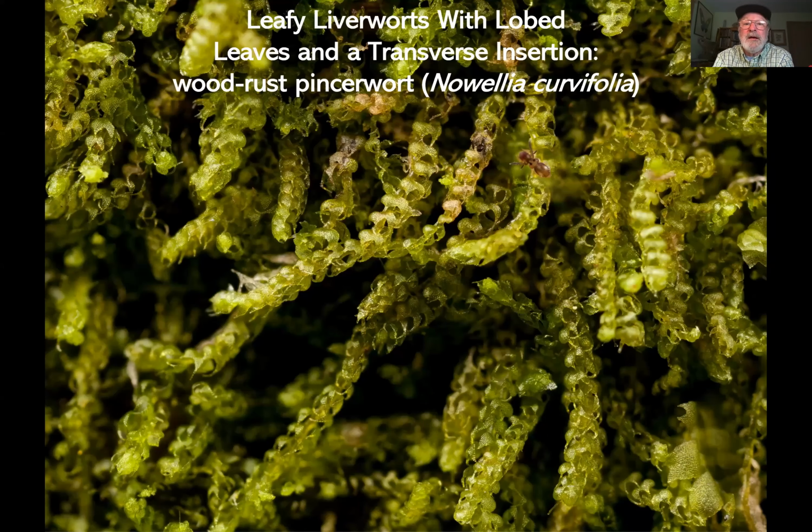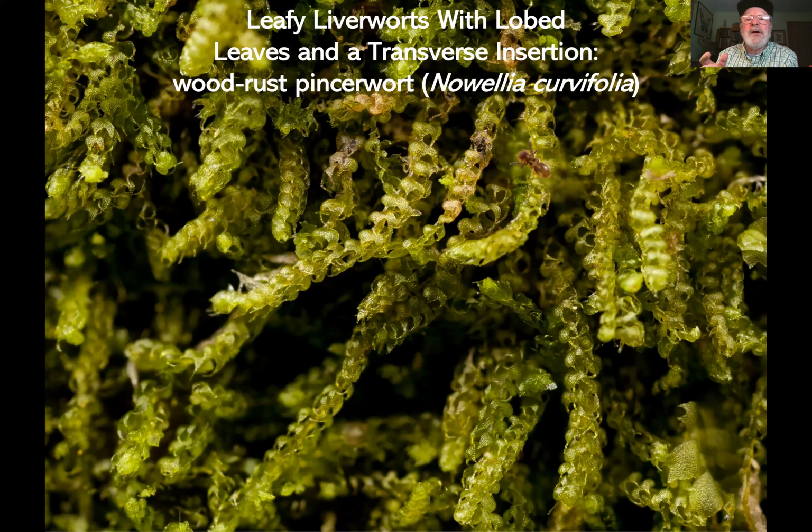Here's one of the most abundant and frequently seen liverworts, but maybe not recognized. It's called woodrest pincerwort, Nowellia curvifolia. And what's special about Nowellia curvifolia is that it's tiny. It has a transverse insertion, which might not be obvious because it's so small.